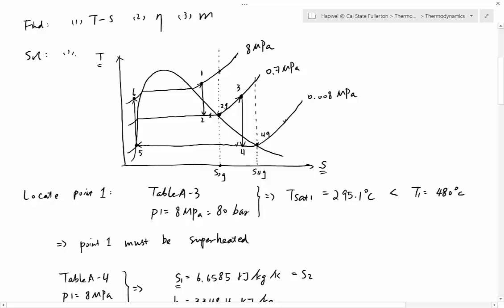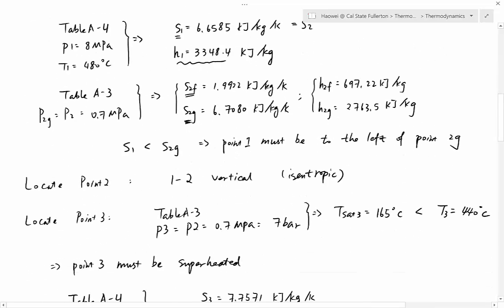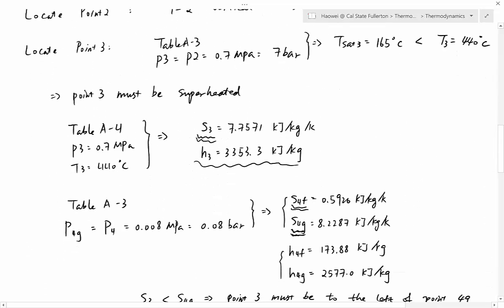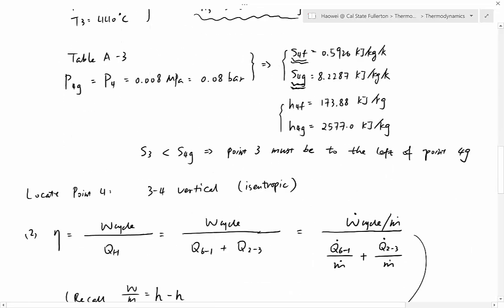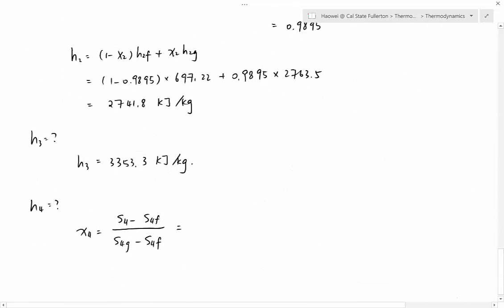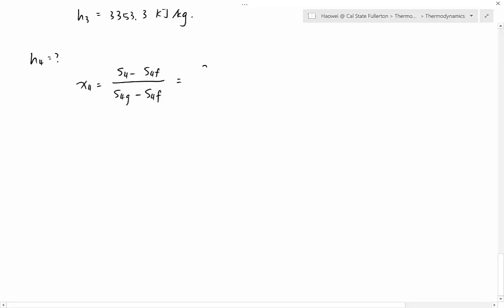So S3 must be equal to S4. Did we find S3? Yes, we did. And it is equal to S4. So now I have everything. S4 is equal to S3. So now we can just plug in all the numbers.